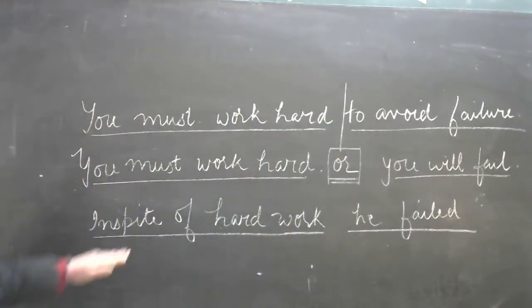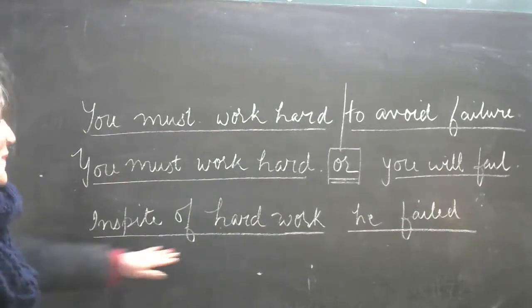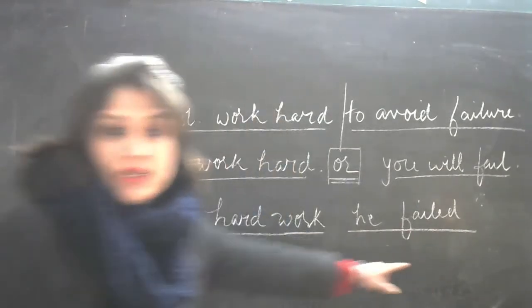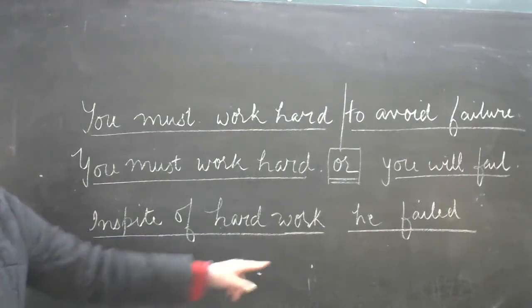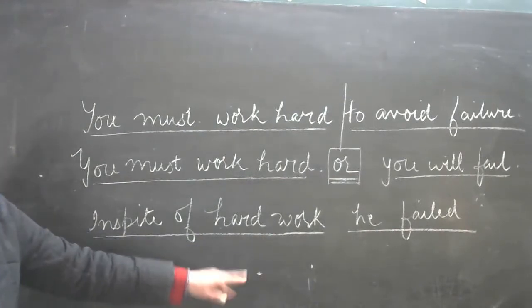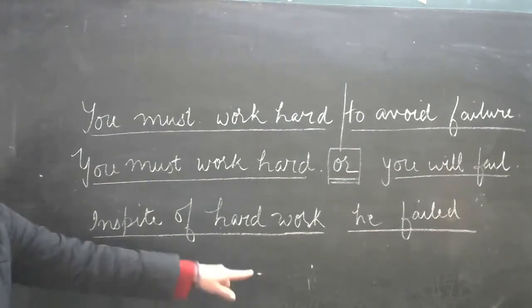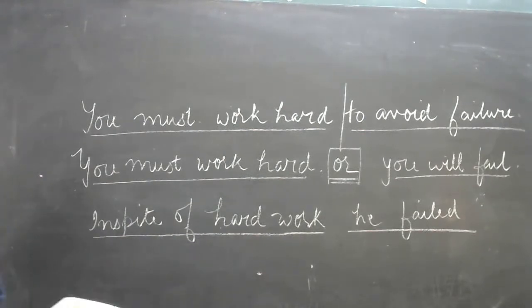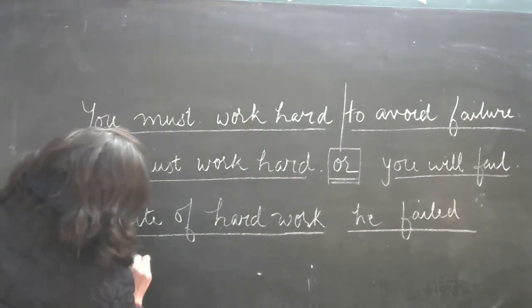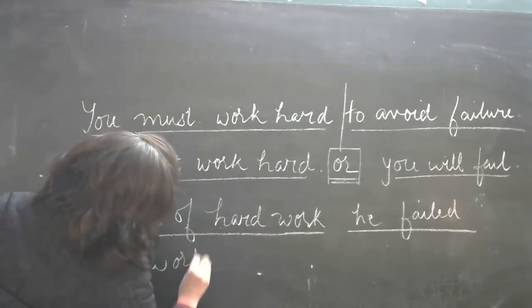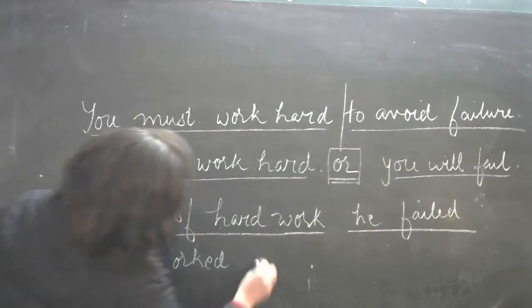I'm sure you can see this sentence. In spite of hard work, he failed. Maybe he must have worked hard, still he failed. So that's the meaning of it. What I'll do is we'll take a conjunction here and we'll join the sentence. For example, he worked hard.